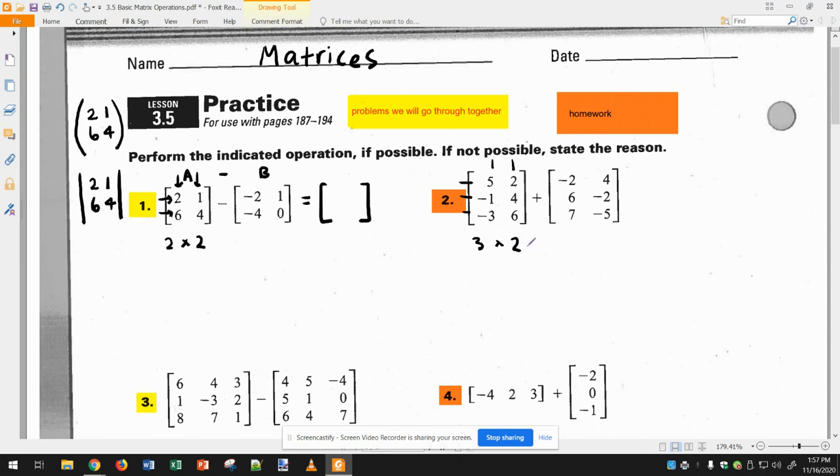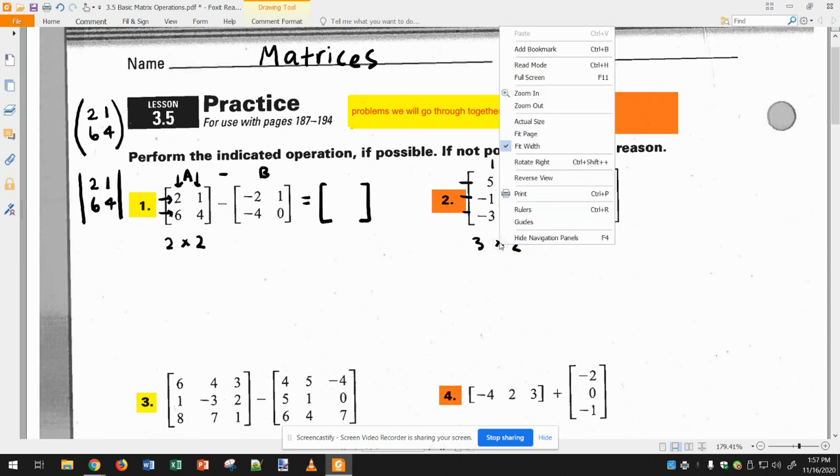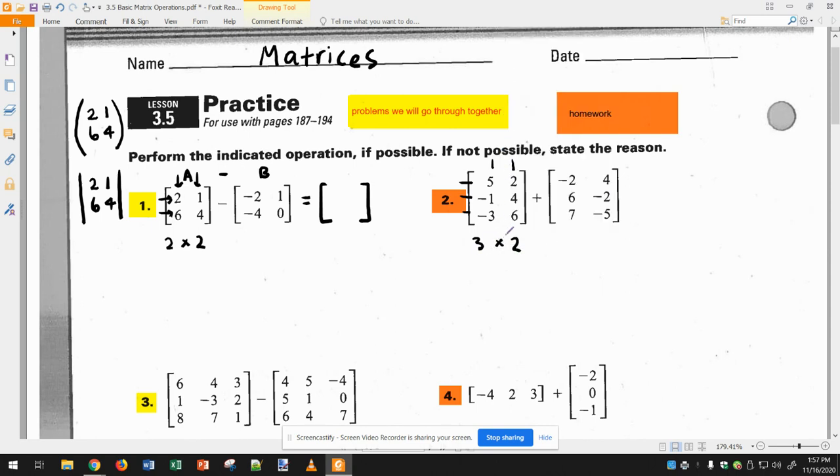So this would be a 3 by 2. And these are just the dimensions. So it's not like 3 times 2. It means 3 by 2. And so this one's also 2 by 2. So then our answer is going to be a 2 by 2.